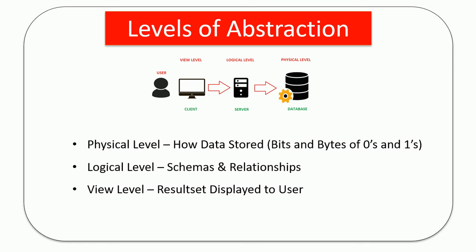Simply he needs data, the final output of his query. He does not want the data type of a column. He does not want the bits and bytes of how data is stored in a database. So these are the three different levels in which data is abstracted in a database management system.